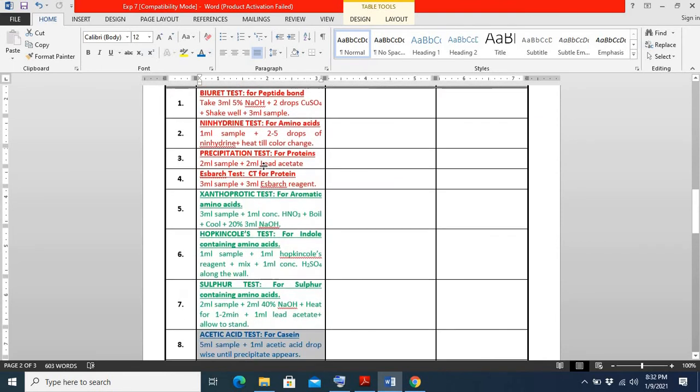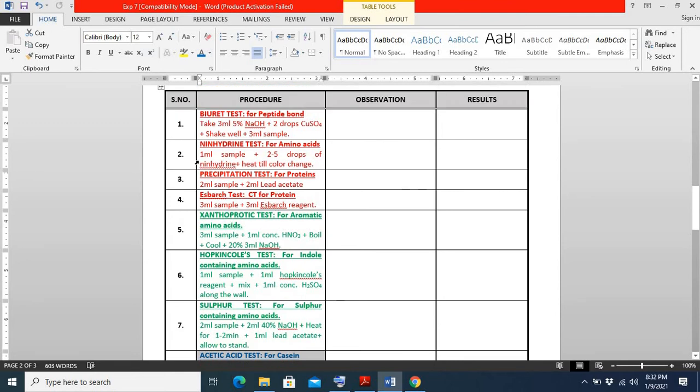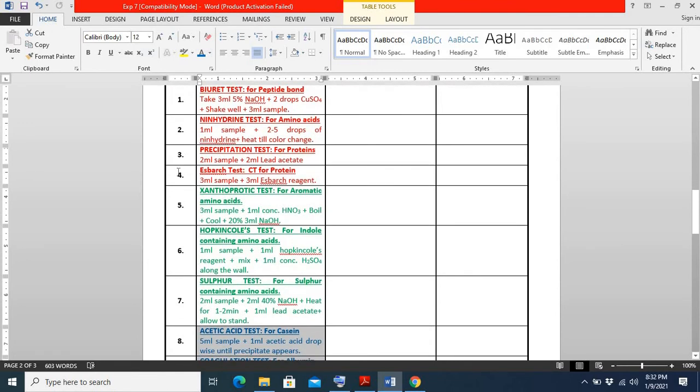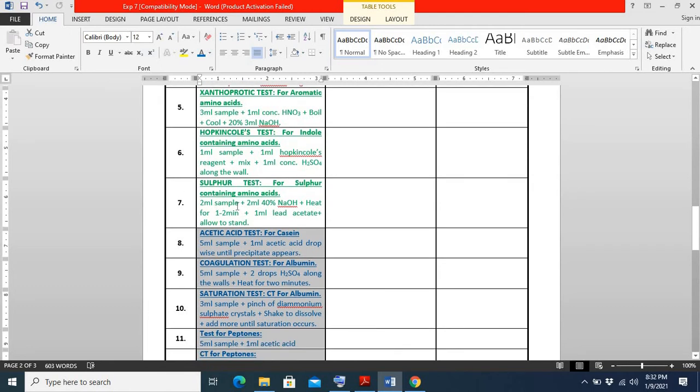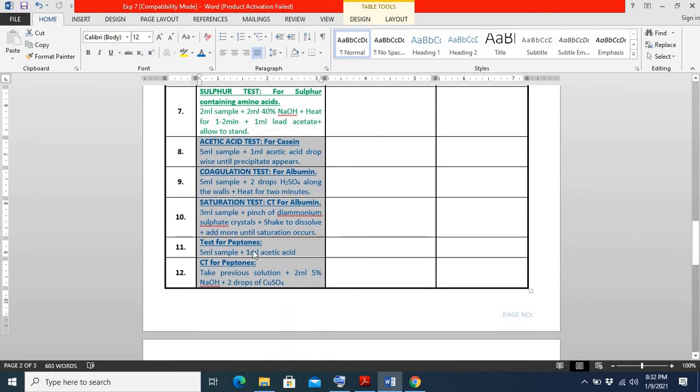One part for the identification of protein, which consists of four tests, then the next for the identification of which type of amino acid is present, which consists of three tests, and then the last one, what class of protein is present in the unknown sample.